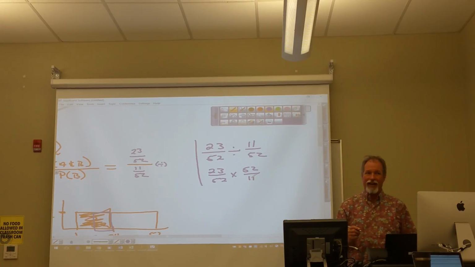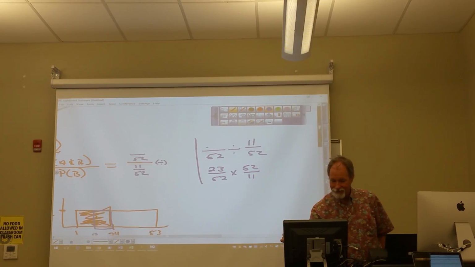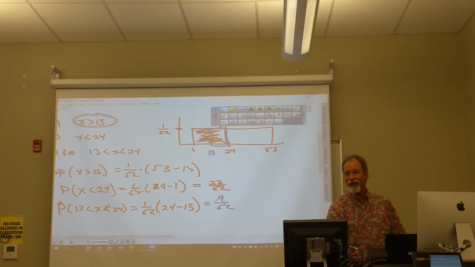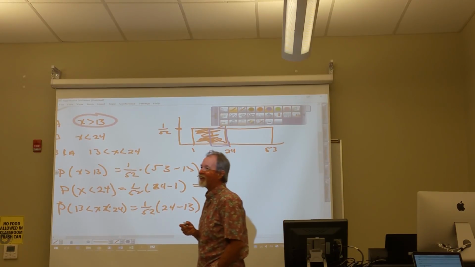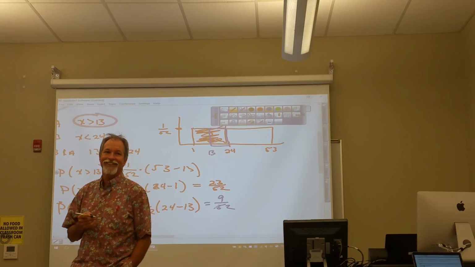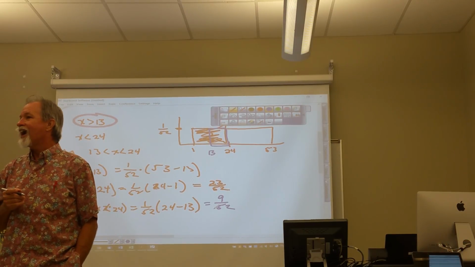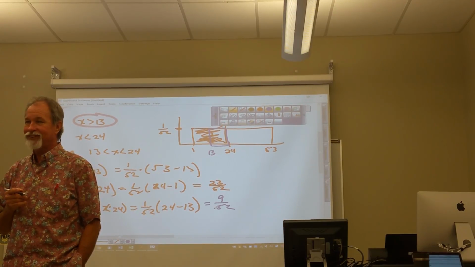Because I wrote them backwards. This is my probability of A and B, 9 over 52. How did I know it had to be incorrect? Why did I know as soon as I wrote it that I had screwed up?